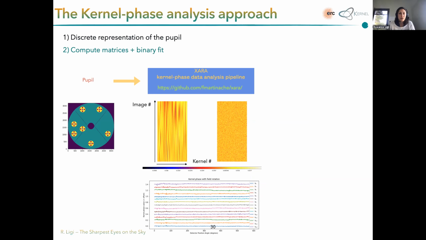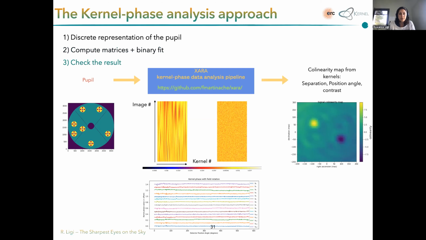From the kernels, we make a fit and compute the collinearity map, which will give us the separation, the position angle, and the contrast of the maximum signal, which corresponds to the position of the companion.